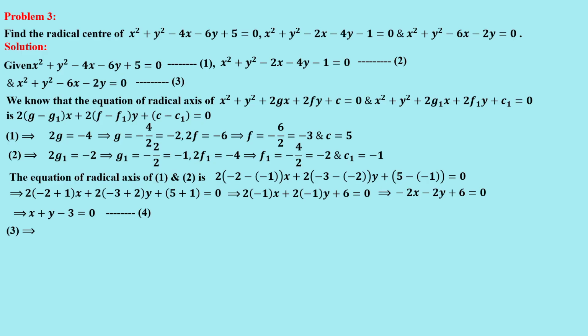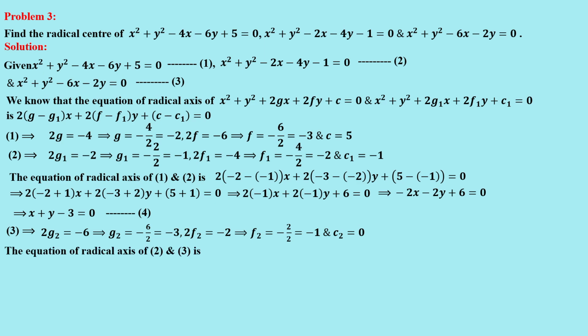Next, for the third equation we take g2. 2g2 = −6, g2 = −3. Similarly 2f2 = −2, f2 = −1, c2 = 0. So the radical axis of 2 and 3 is 2(g1 − g2)x + 2(f1 − f2)y + c1 − c2 = 0.